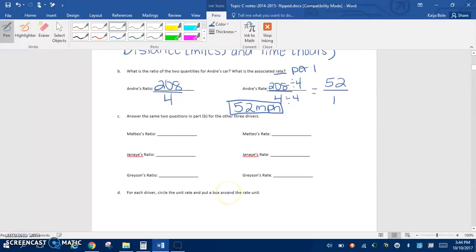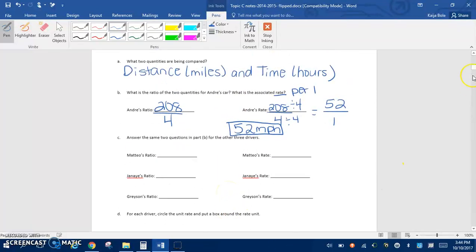Part C says to answer the same two questions in Part B for the other 3 drivers. So Mateo, now we're looking at the table. His ratio is 456 to 8. Alright. And the next person we have 300 to 6.